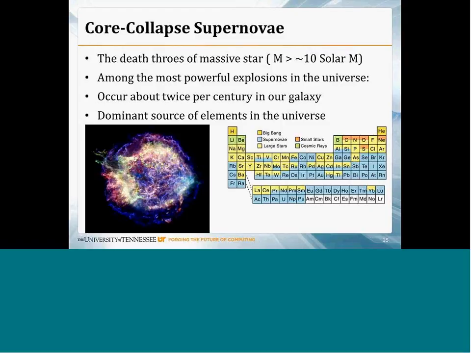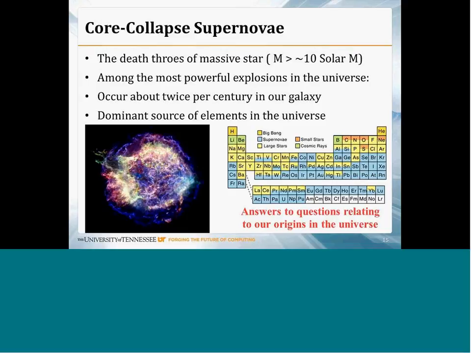This occurs about twice per century in our galaxy, and the more important thing is that core collapse supernova is the dominant source of elements in the universe. In the periodic table, all the blue color here is thought to be produced in the event of the supernova itself. The yellow color is produced in large stars, which are basically the progenitors of core collapse supernova.